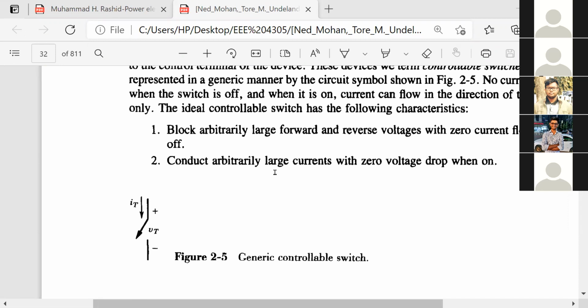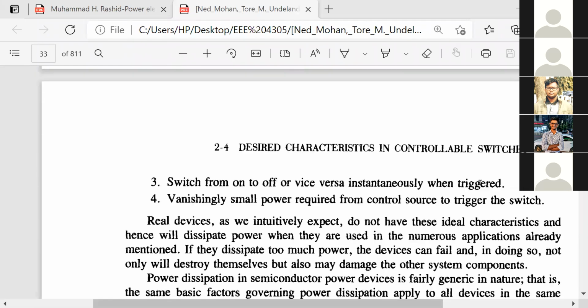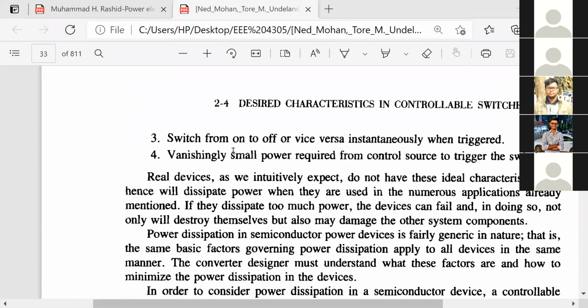Ideally, when it is on, the voltage should be zero. When it is off, it should withstand the reverse voltage. It should conduct arbitrarily large current with zero voltage drop when it is on. That is what we want. Practically, we will not get switching between on and off instantaneously; there is some reverse recovery time.